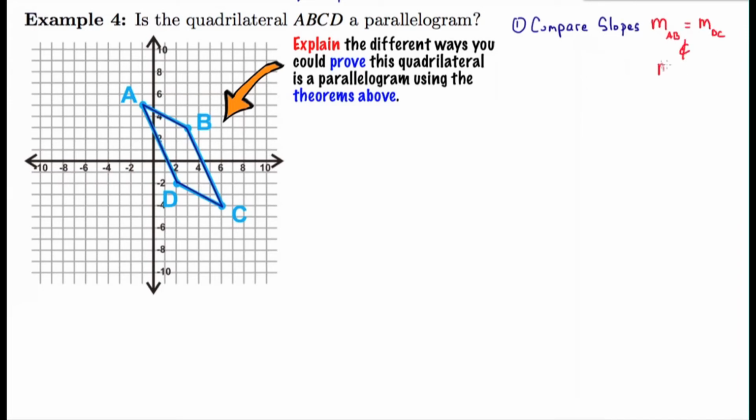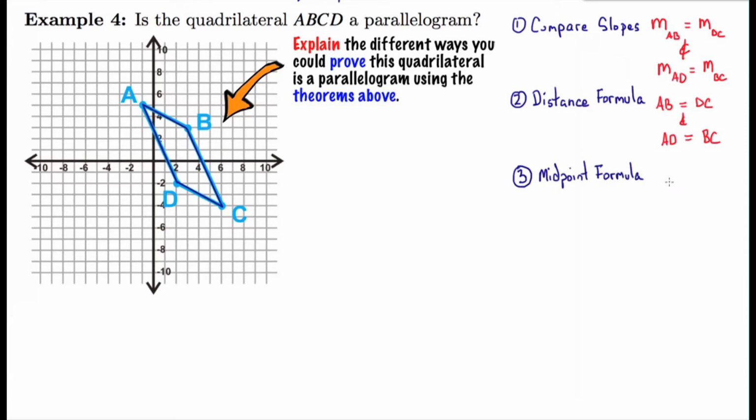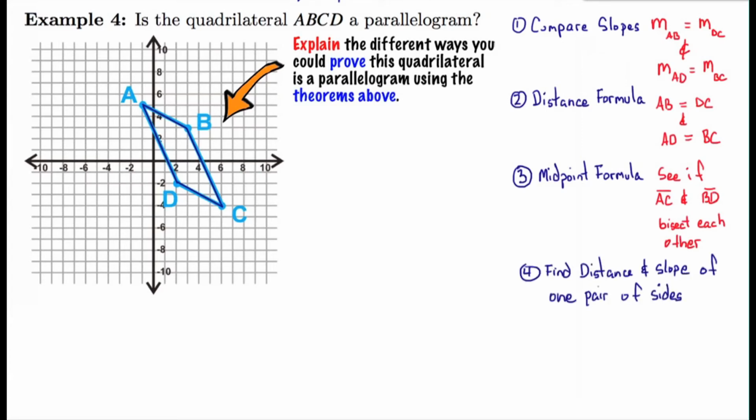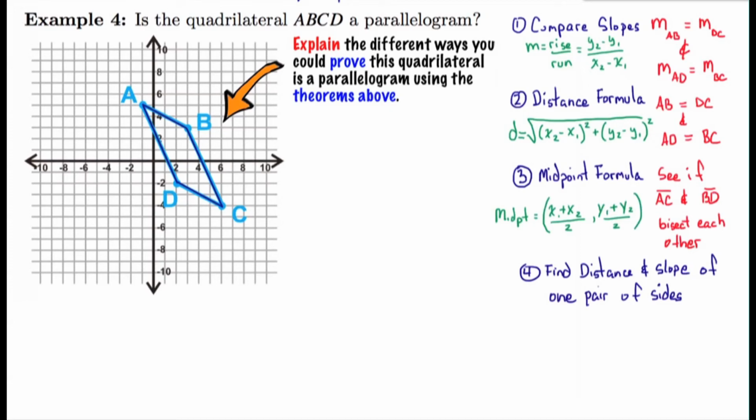If the opposite sides have congruent slopes, then it's a parallelogram. 2, we could use the distance formula to check if the opposite sides are congruent. 3, we could use the midpoint formula to see if the diagonals bisect each other. 4, we can find the distance and slope of one pair of sides and see if that works. So here are the formulas that we will need to use for this problem, with slope, distance formula, maybe the midpoint formula. Well, let's try number 4.